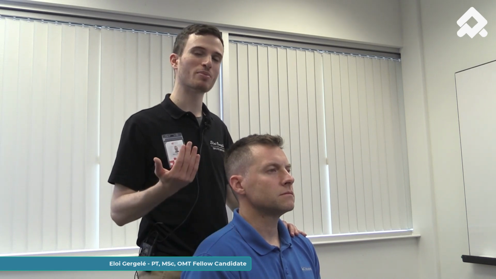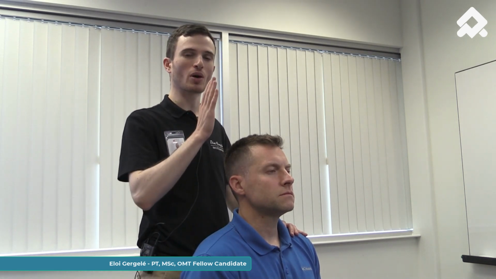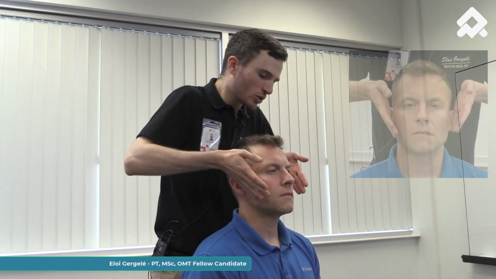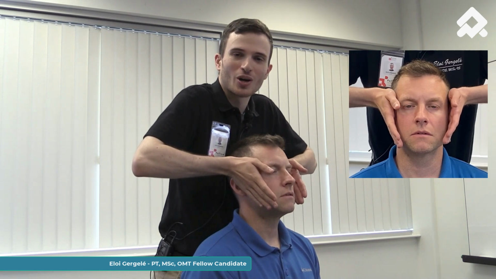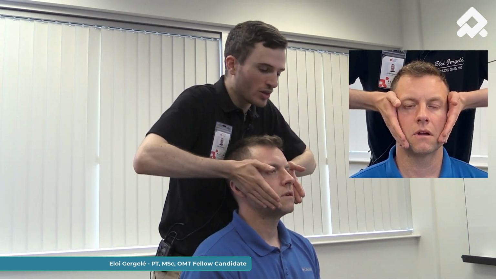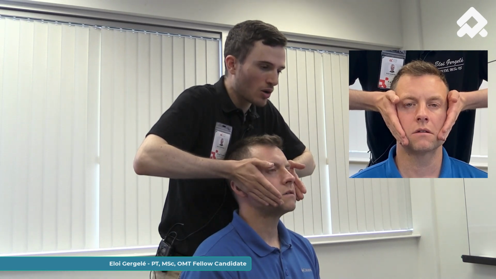Okay, so the next technique is a motor control technique in order to help my patient to keep an opening pattern in the sagittal plane. I'm going to give him some feedback with my hands and eventually with a mirror. So I'm going to put my hands on the mandible, and I'm going to ask my patient to open and close the mouth.